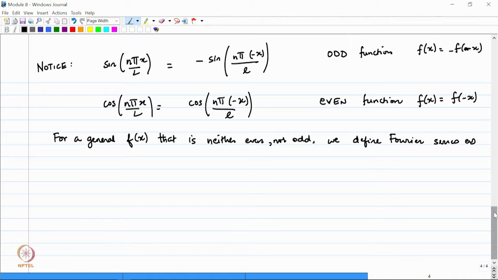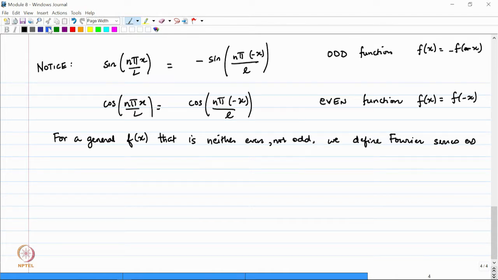Also notice that if n equal to 0, the sine term vanishes, goes to 0. If n equal to 0, the cosine term goes to 1. So it is defined in the following way.